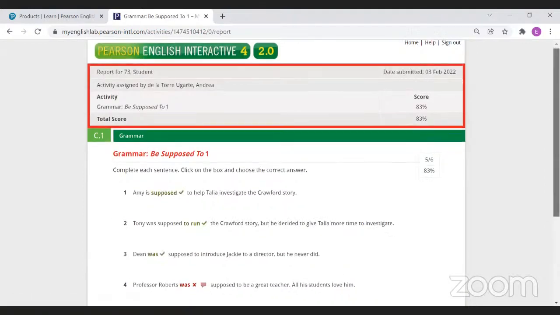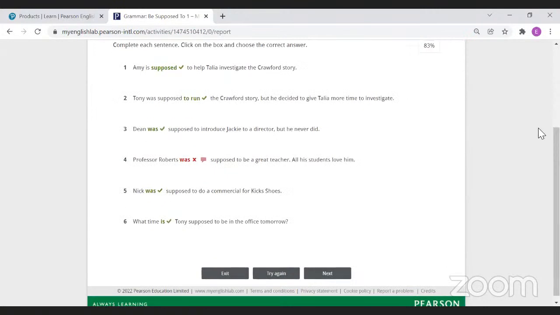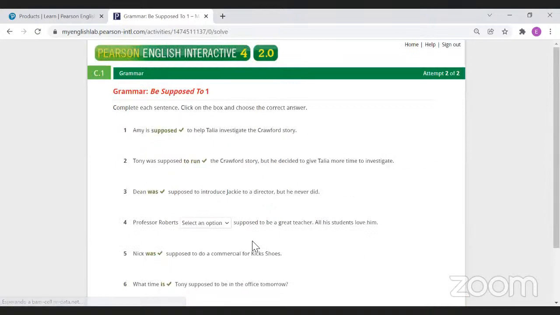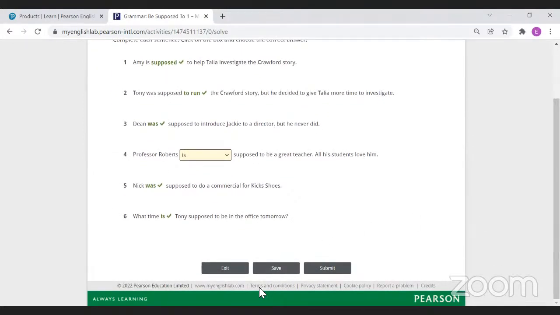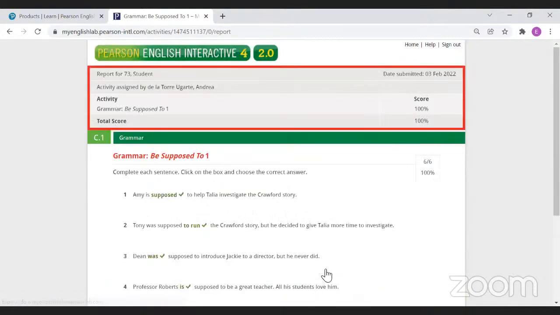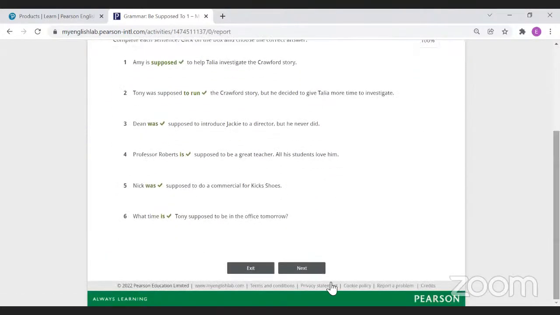Okay. Okay, there's one mistake there. Professor Roberts is, right? Is supposed to be. Yes. Okay, perfect. Now let's go next.